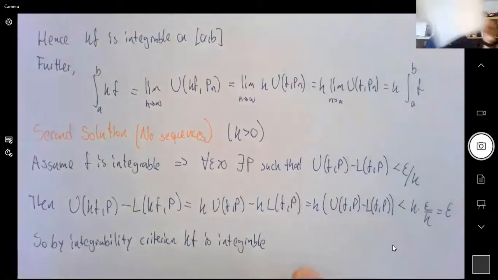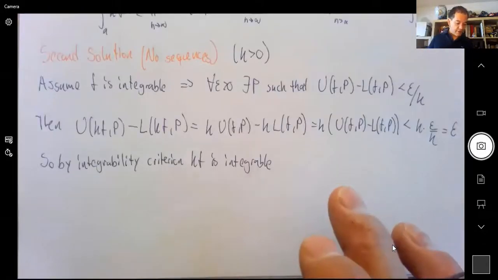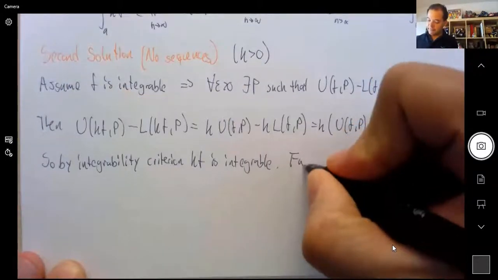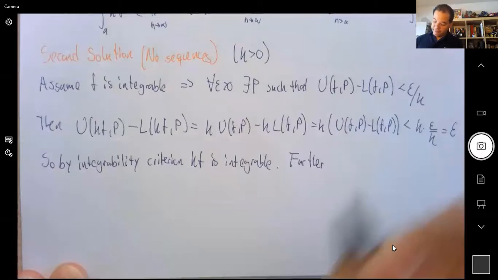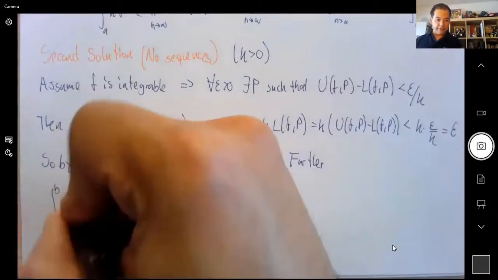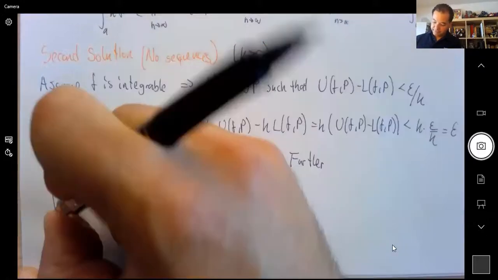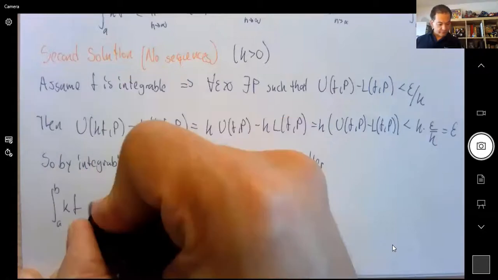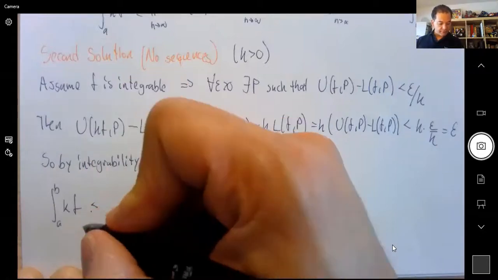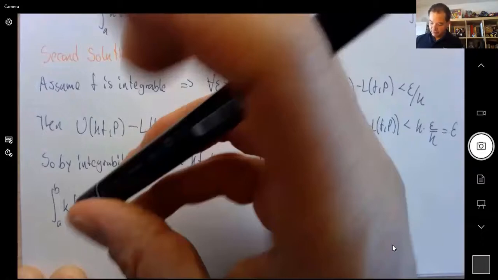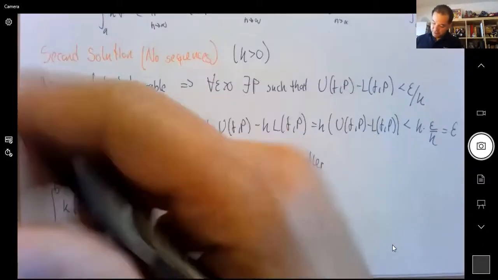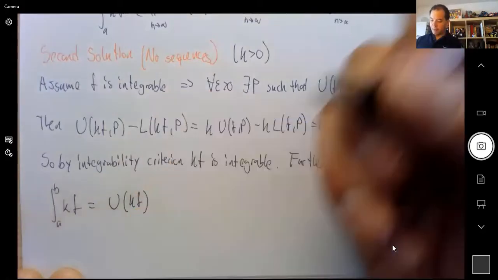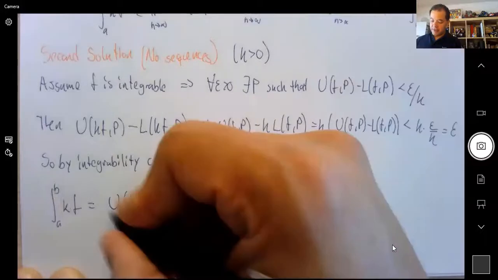So how do we do that part without the limits? And it's not that difficult anyways. So here we go. If you want the value of this integral of kf, this is equal to the upper integral of kf, and this is the infimum.